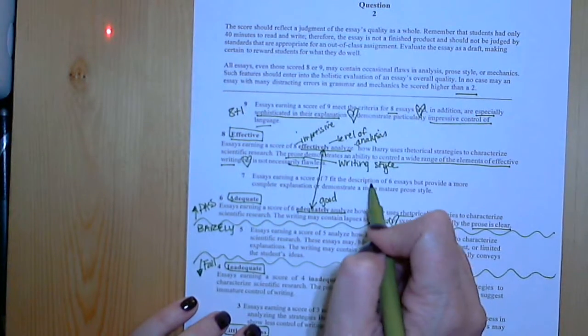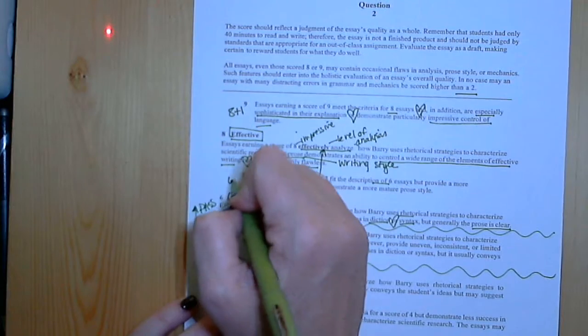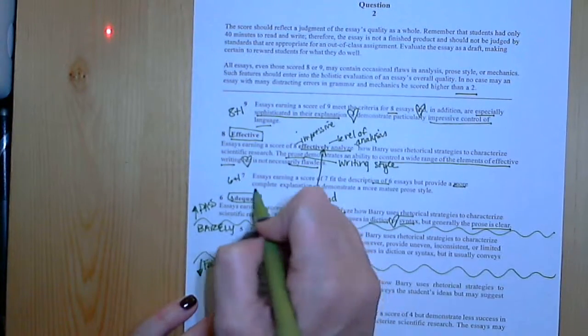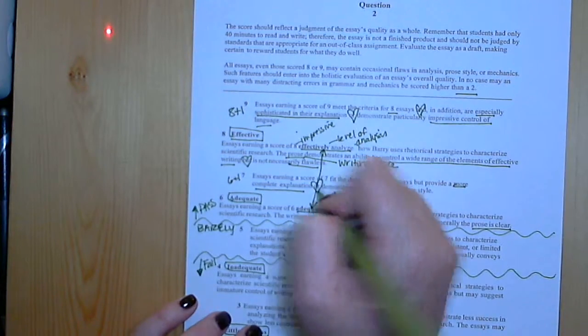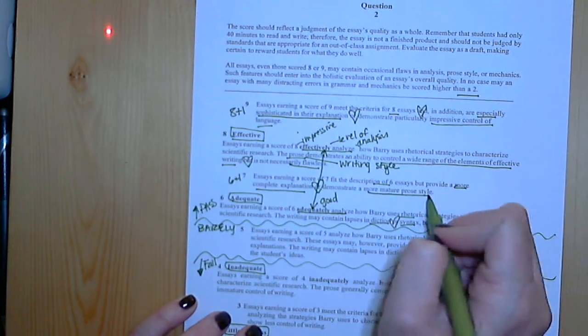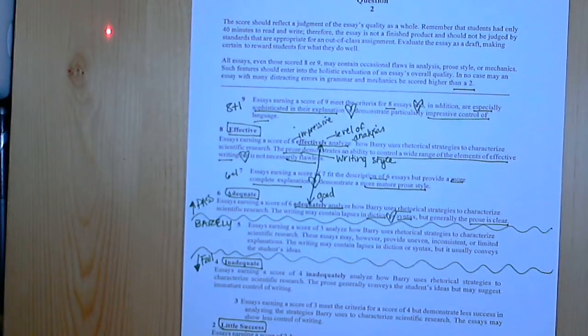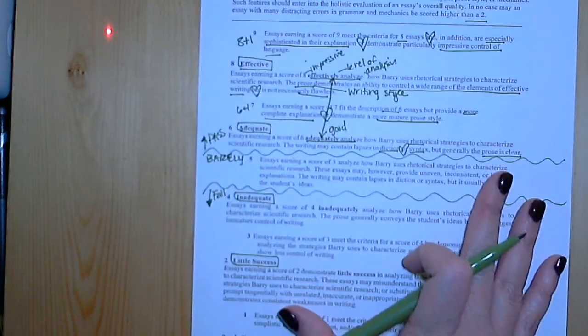The 7 fits the description of a 6, so it's just the 6 plus 1, but provides a more complete explanation or more mature prose style. So again, the 7 is exactly what the 6 was, but says it better or has more depth of analysis. Does that make sense? Okay, so let's get to the 5.